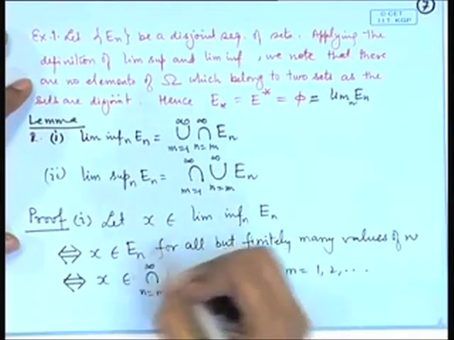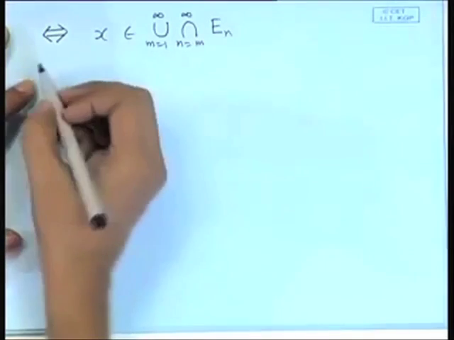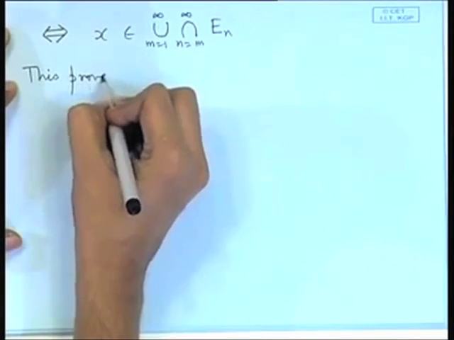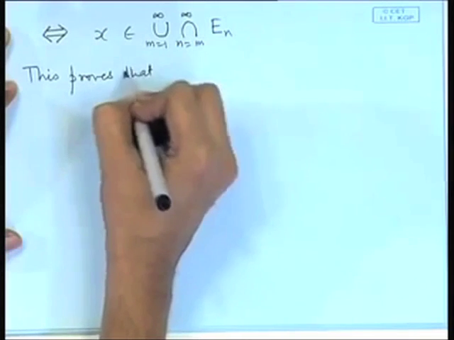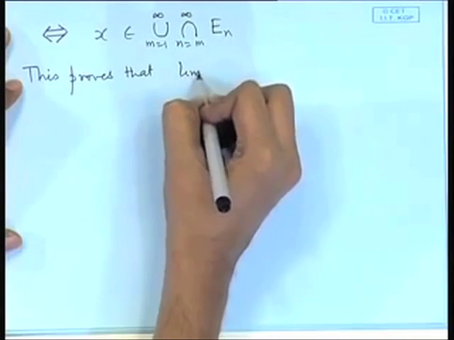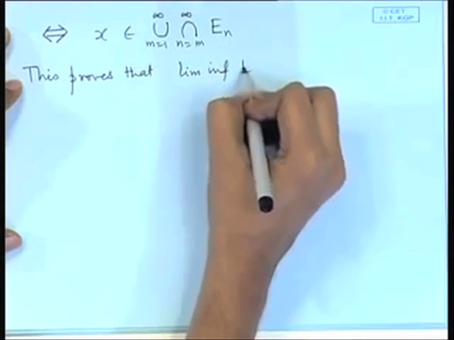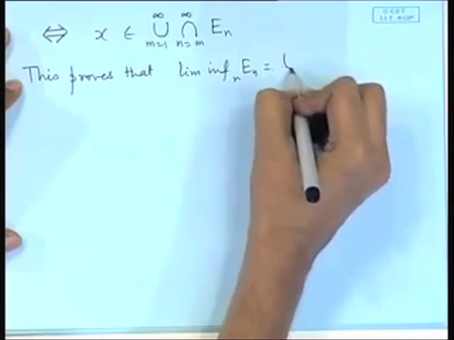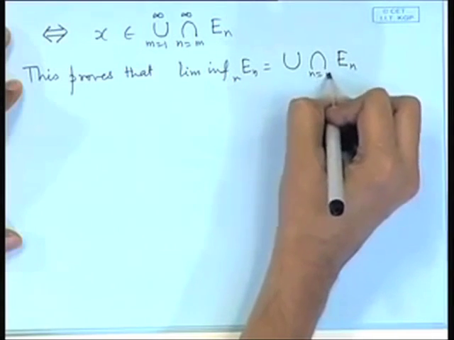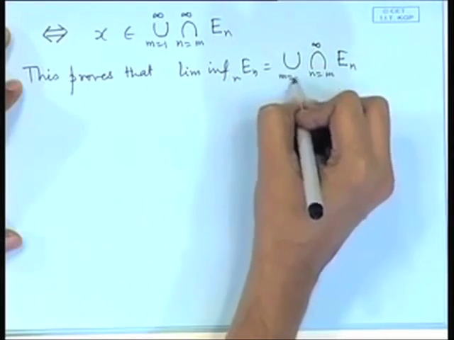Therefore, we have both way implication for all the statements, and this proves that limit inferior of En is equal to union intersection En, n is equal to m to infinity, m is equal to 1 to infinity.